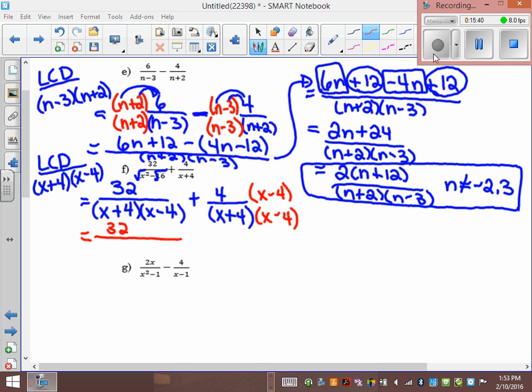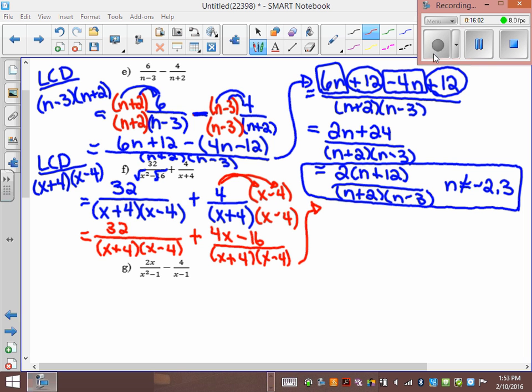32 over x plus 4, x minus 4, plus 4x minus 16 over x plus 4, x minus 4. And now we have common denominators, so we can write it all over that.